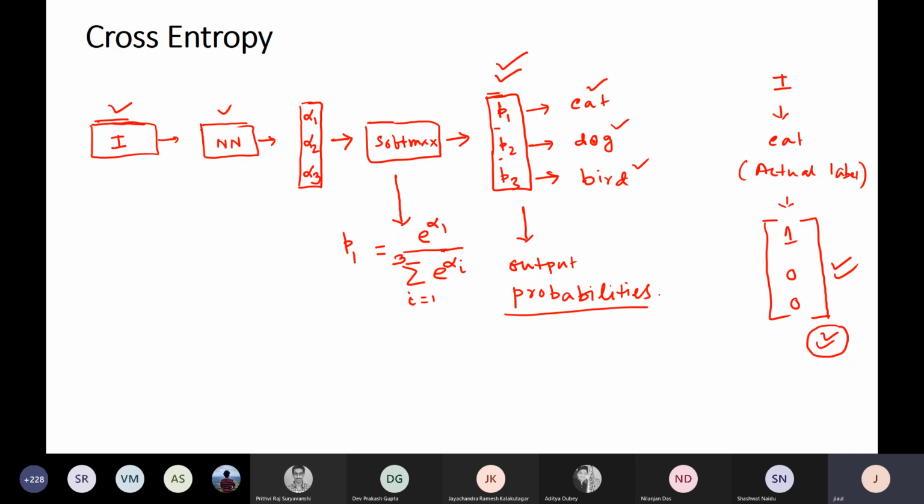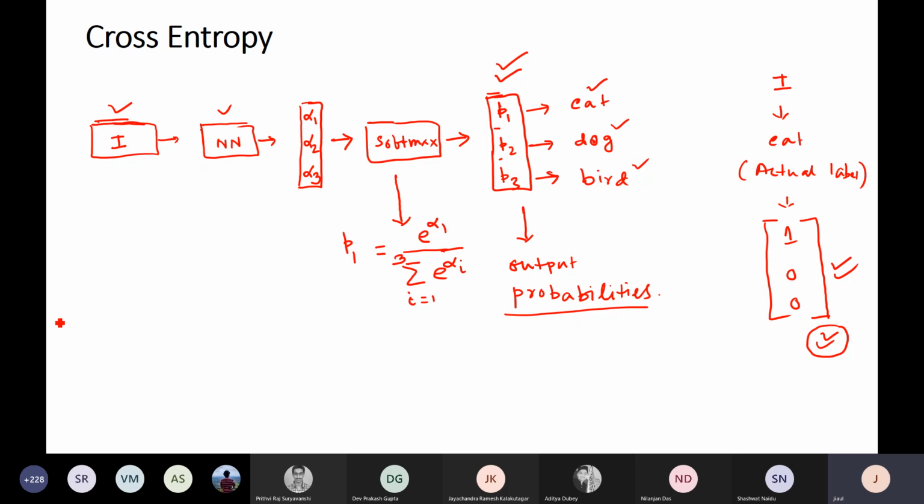Okay. Now basically I have to compute the loss value, and there I need cross entropy. You can use anything else, but in this example I'm showing cross entropy because this is the most widely used one. So what is the cross entropy?